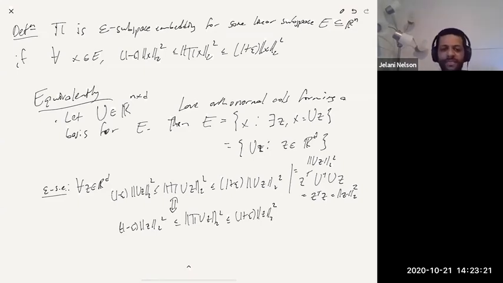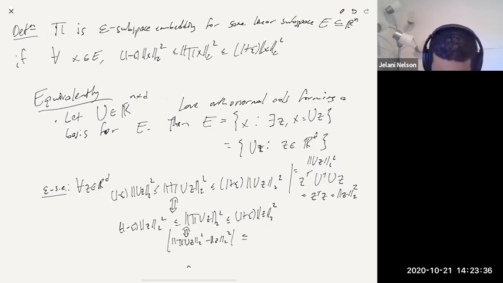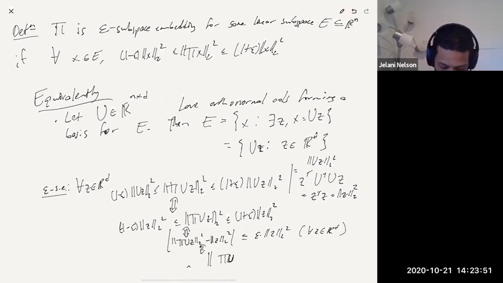Or if I subtract the norm of Z squared from both sides, this is saying that the norm of pi UZ squared minus the norm of Z squared is at most epsilon times the norm of Z squared. This is for all Z. And this is the same thing as saying that the operator norm of U transpose pi transpose pi U minus the identity matrix is at most epsilon.